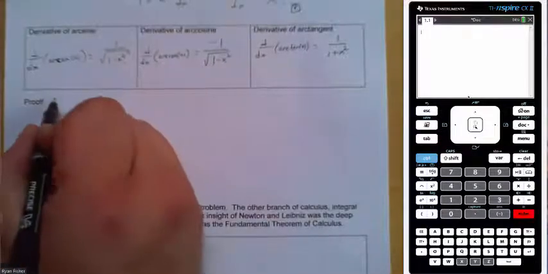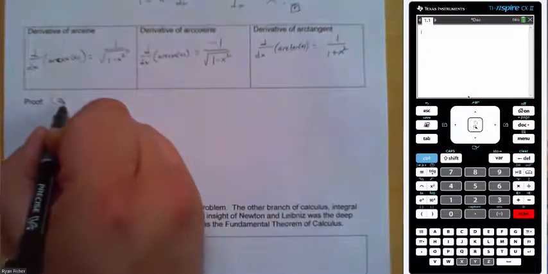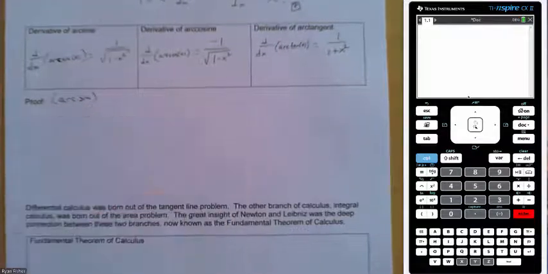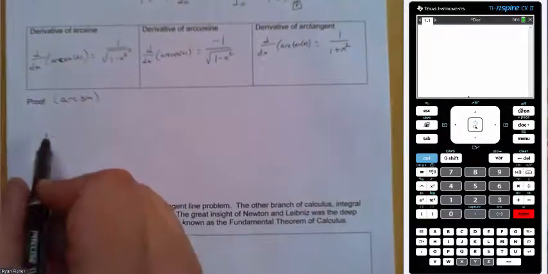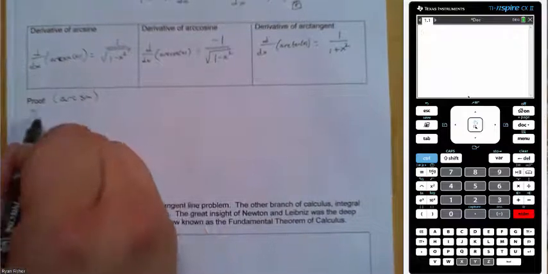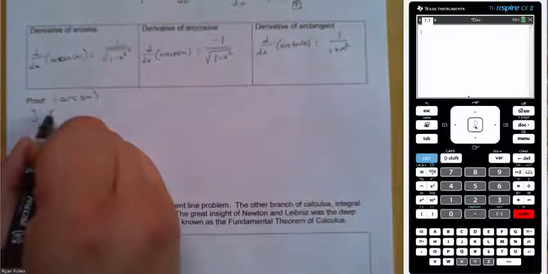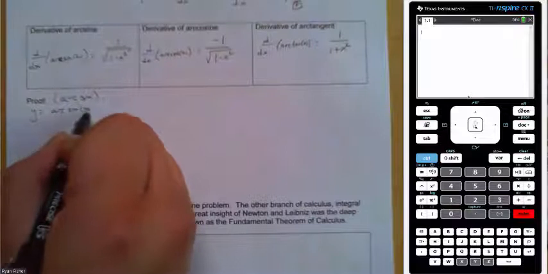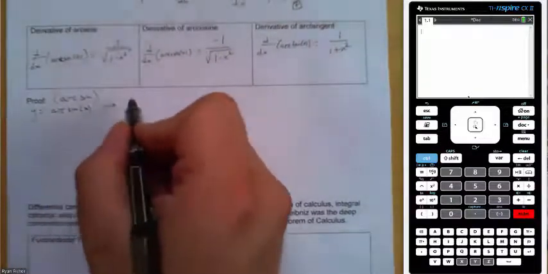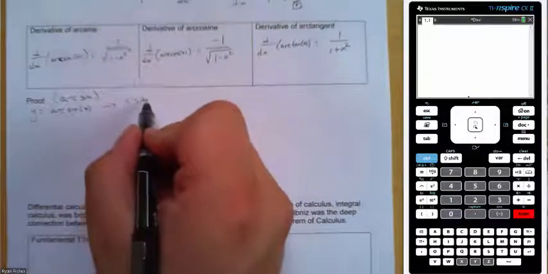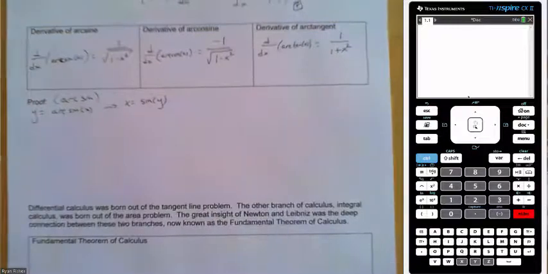So we're going to find the derivative of arcsine, and in much the same way as we did for natural log, we'll let y equal the arcsine of x, which means that x is equal to the sine of y.